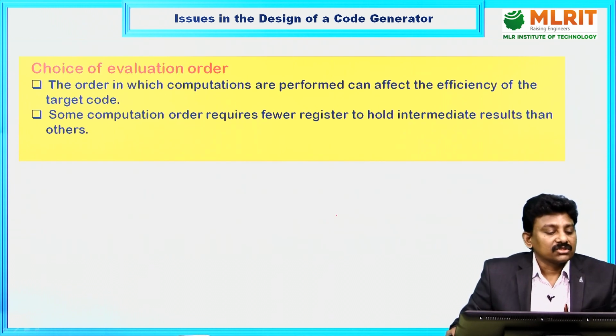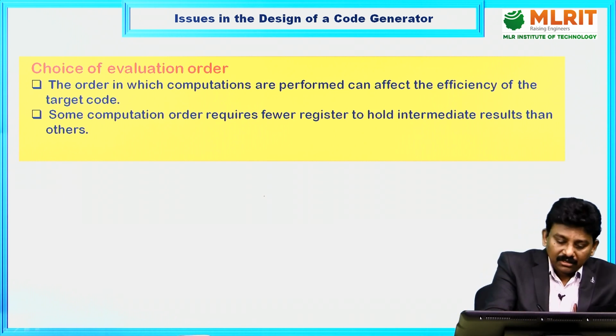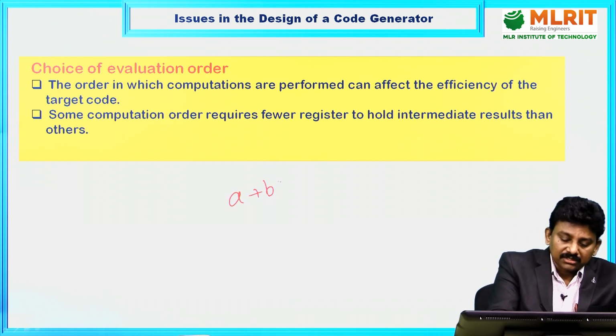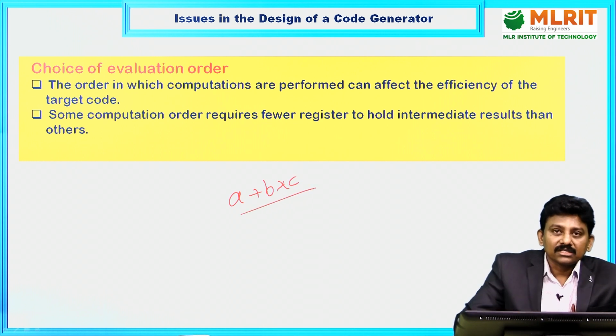Then the last one, choice of evaluation order. The order in which computations are performed can affect the efficiency of the target code. That is, some computation orders require fewer registers to hold intermediate results than others. For example, take the expression A plus B star C; evaluation order is very important.